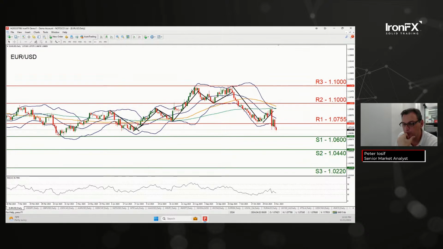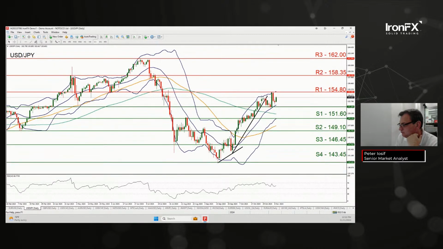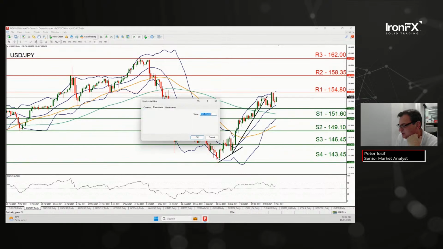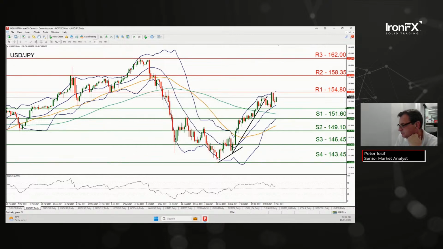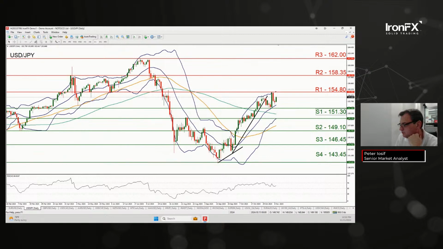Let's have a look at USD/JPY. We could lower just a tad bit the S1 at 151.30. Now there are two ways of thinking of this.